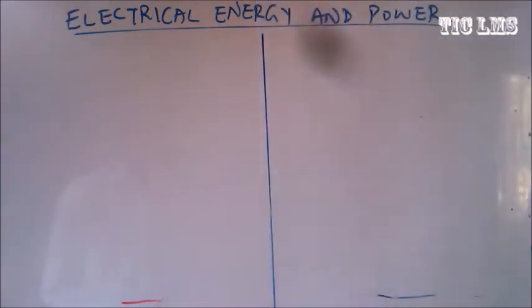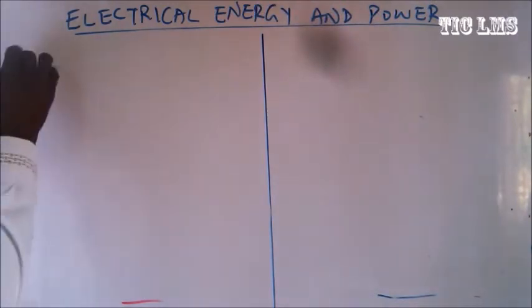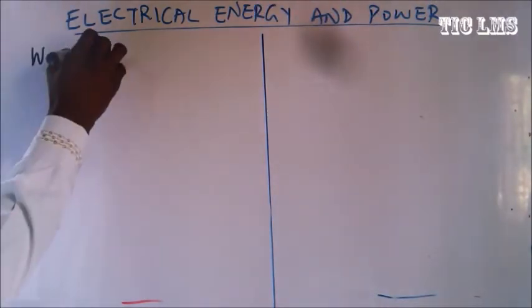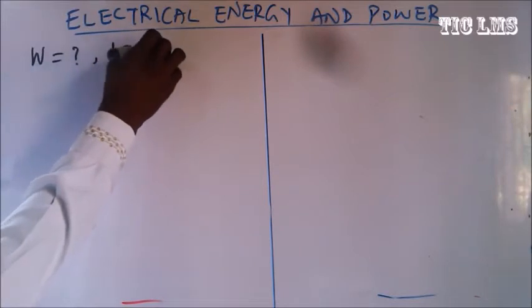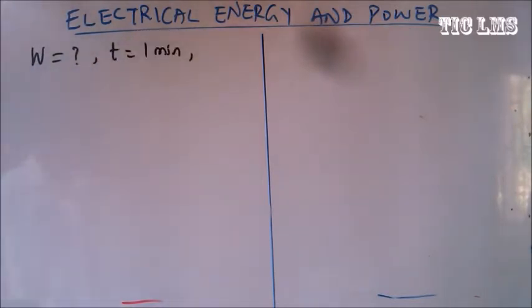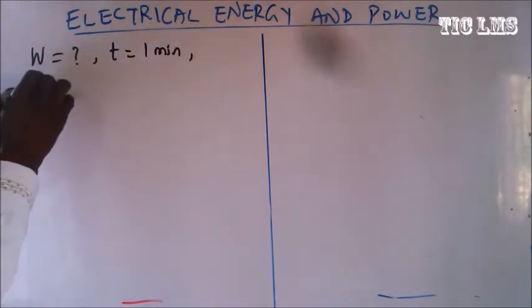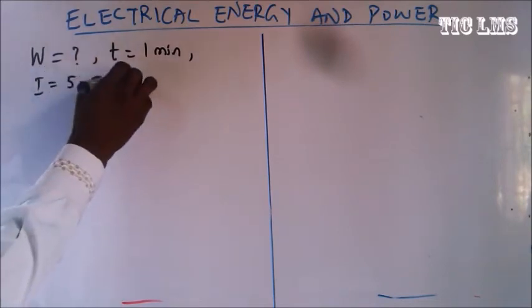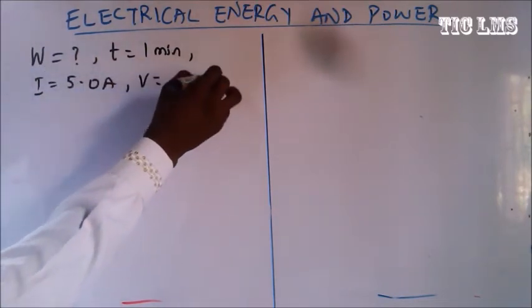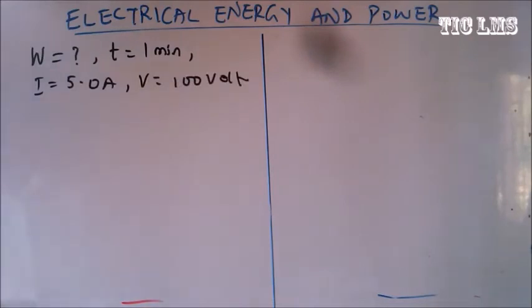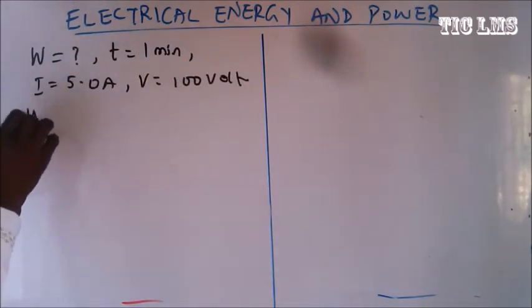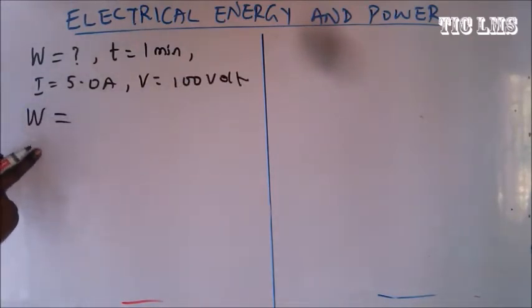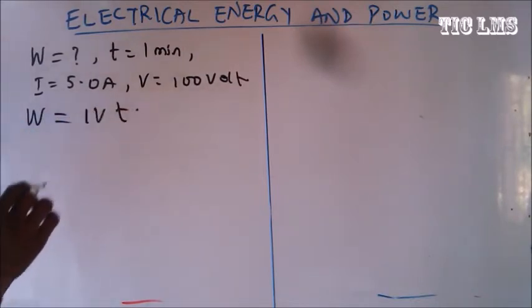So we state our parameters. We are calculating the quantity of heat produced in 1 minute, and we have a current of 5 ampere and a voltage of 100 volts. So we have that the heat produced, which is taken as W, work is done and then heat is produced, equal to IVT.